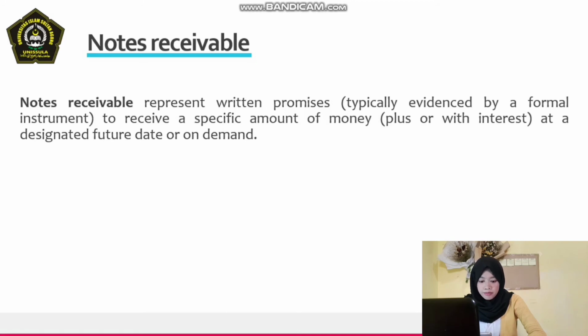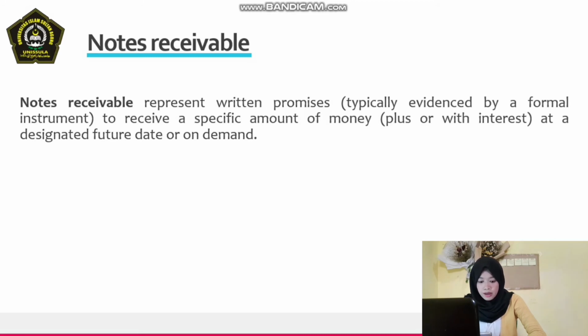Notes receivable may or may not arise from business or trade transactions, and they are usually issued for long-term period. They may be classified as either short-term or long-term.